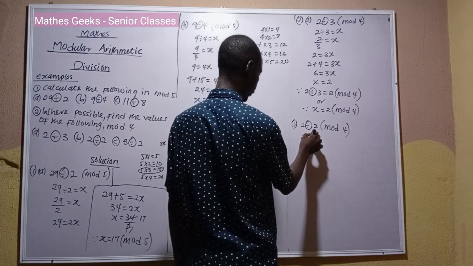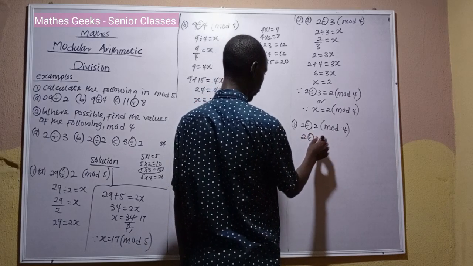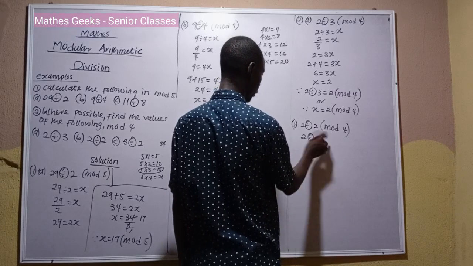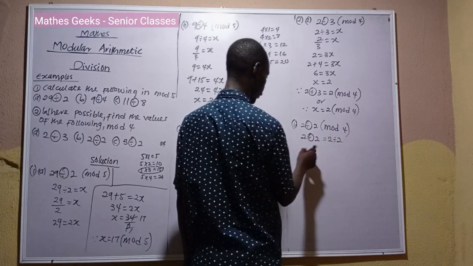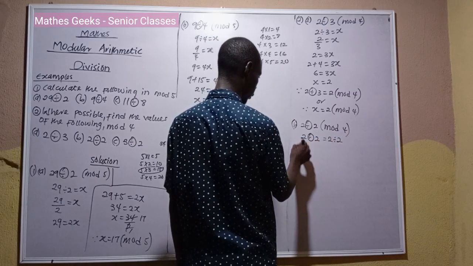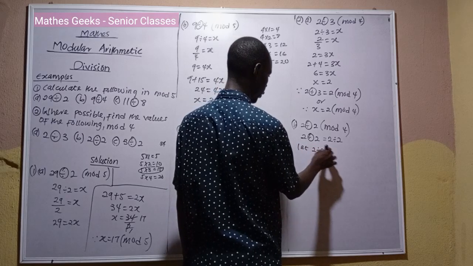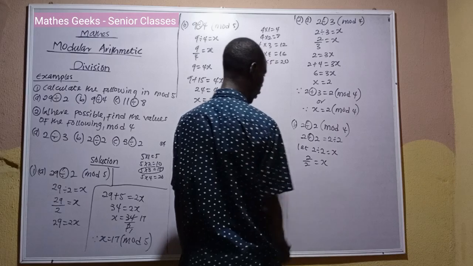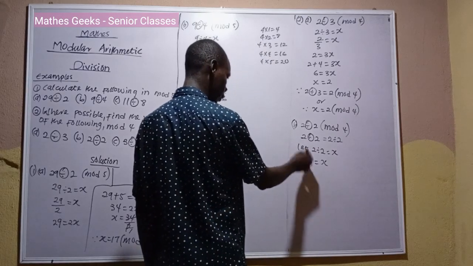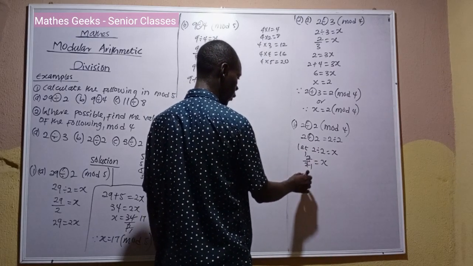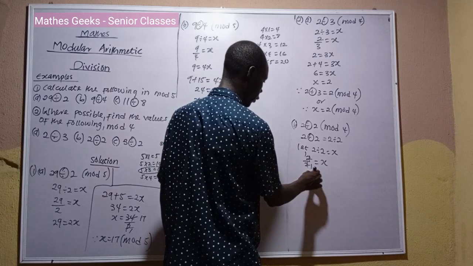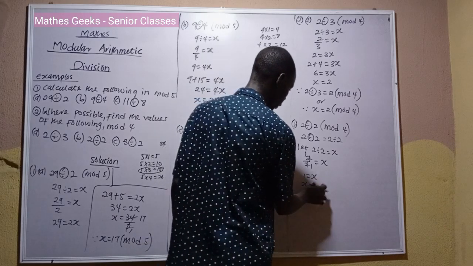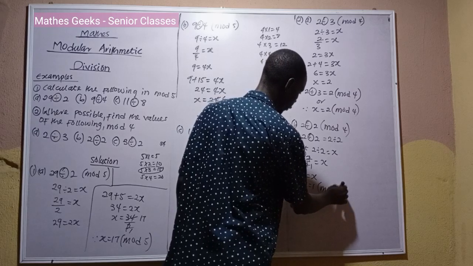Let 2 divided by 2 be x. So 2 over 2 equals x. At this point, we can easily divide. 2 divided by 2 is 1, so 1 is equal to x. x equals 1, or 1 in mod 4.